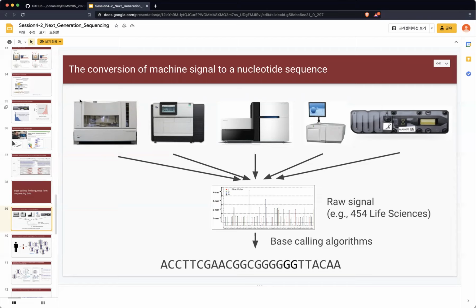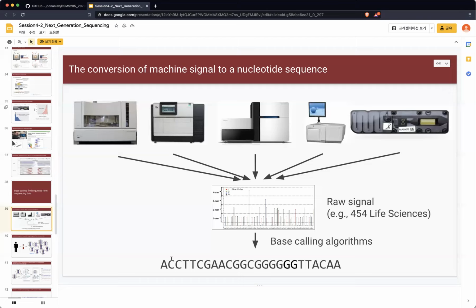If you have Sanger sequencing, PacBio, Illumina, ABI system, this is 454, and this is the nanopore, then each has its own signals, its own information, whether fluorescent or current, and it has to be converted into nucleotides, right? So if you read out the raw signals from the 454, the tens of positions, then you use their own base calling algorithm to convert those raw signals into the DNA sequence, ACC, blah, blah.